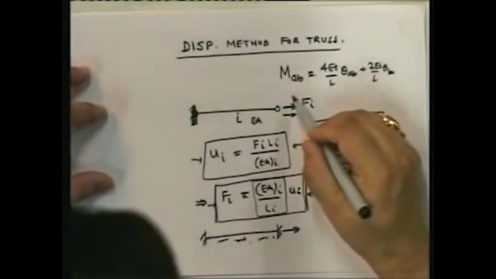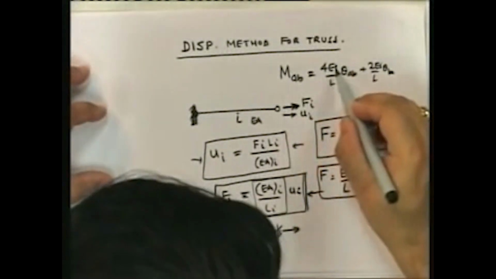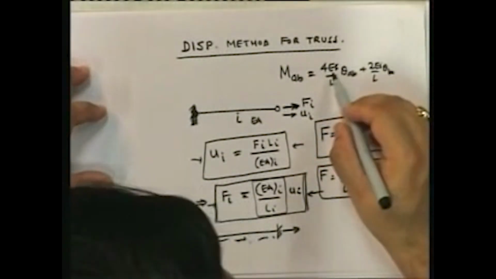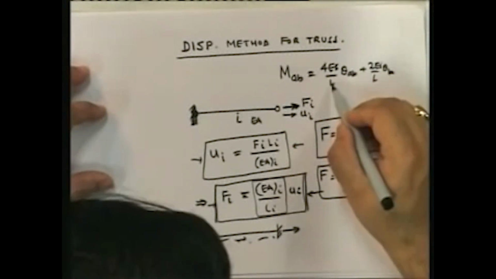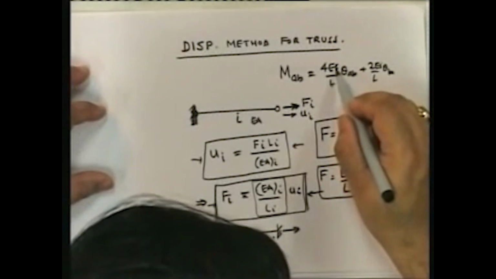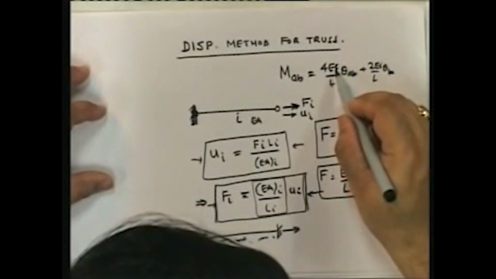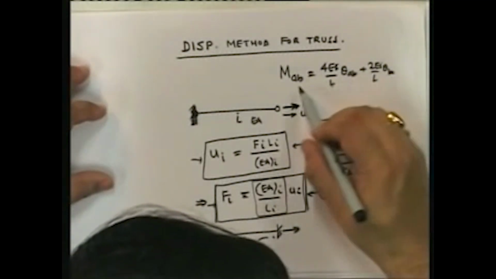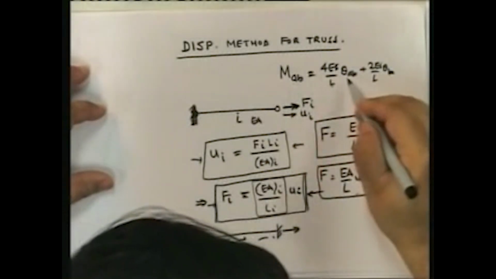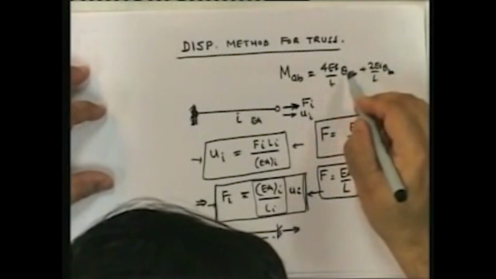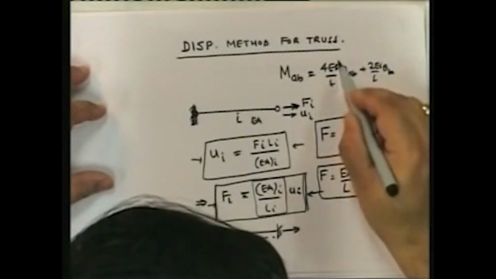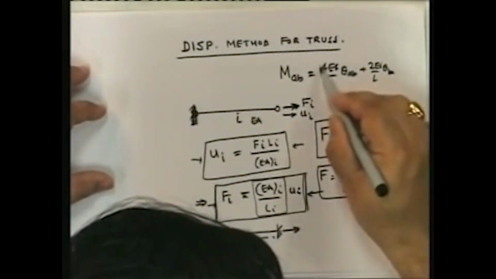So let's look at this. Look, EI by L is Newton meter, so the units here are Newton meter, it's moment per unit rotation. So these units are Newton meter per radian, and it's like a torsional stiffness constant.